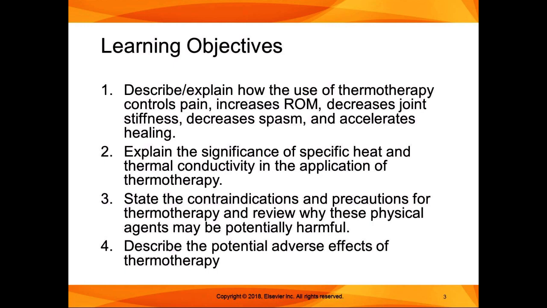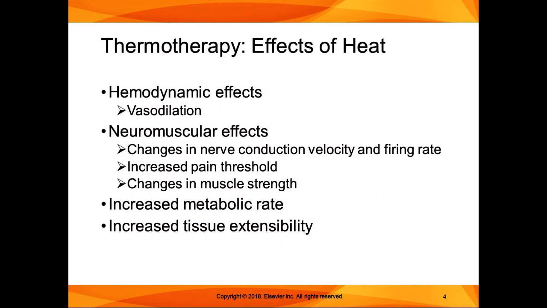Explain the significance of specific heat and thermal conductivity in the application of thermotherapy. I want you to be able to, of course, state the contraindications and precautions and why these physical agents may be potentially harmful. So why are they contraindicated or precautionary? And I want you to describe the potential adverse effects of thermotherapy.